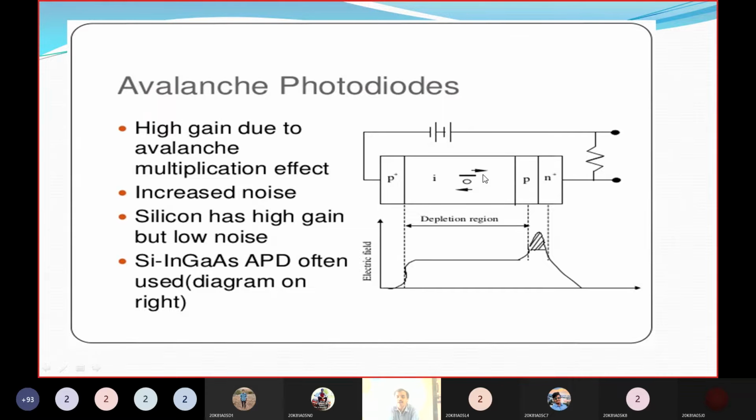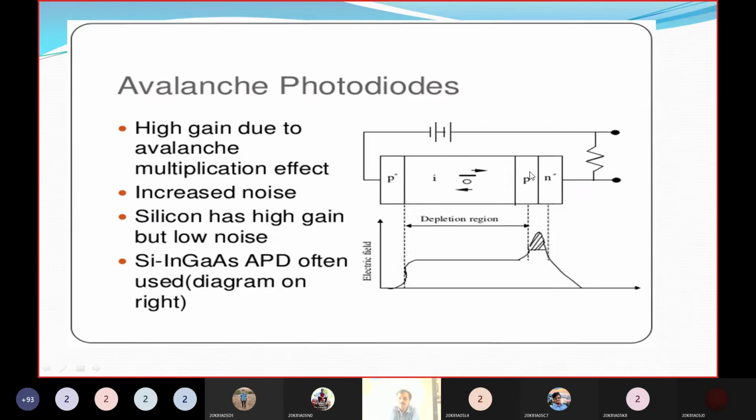Because of that acceleration, its speed increases and its kinetic energy increases. It gains energy from the electric field, so it will move very fast. And this is the breakdown condition here.